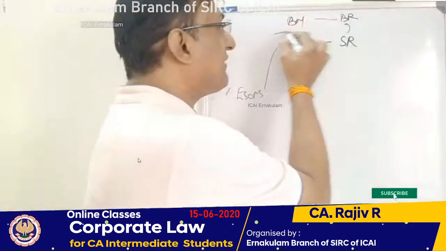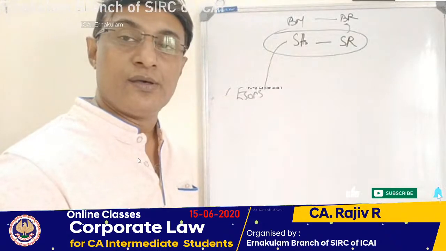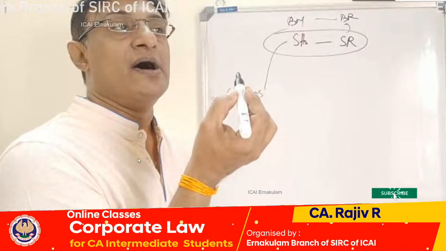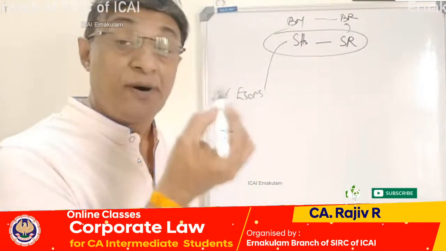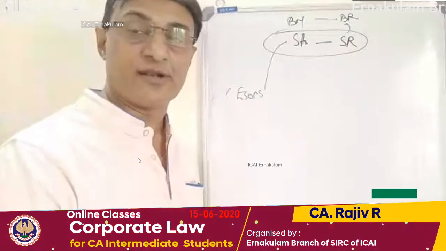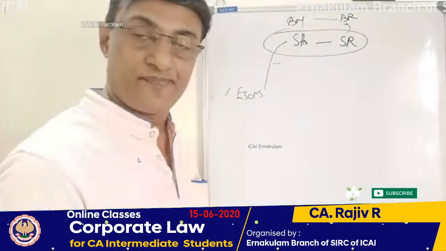But we never mention that, we always start with special resolution. So the issue of sweat equity shall be authorized, approved, permitted by a special resolution of the shareholders of the company at a general meeting. That's the first condition.